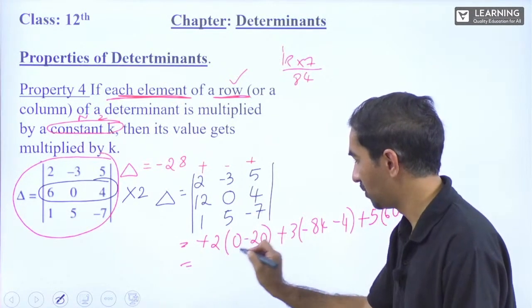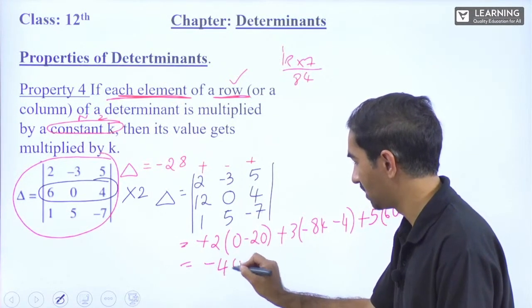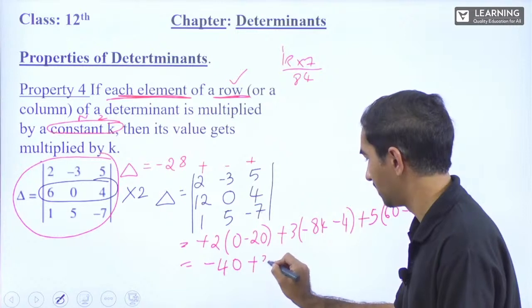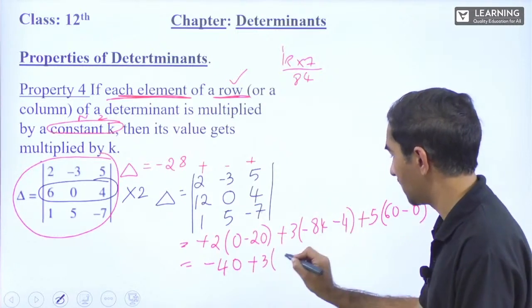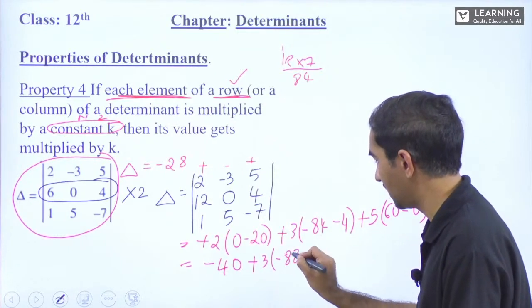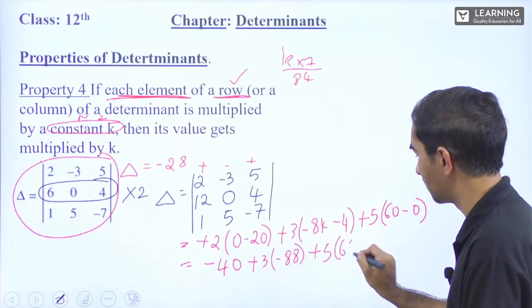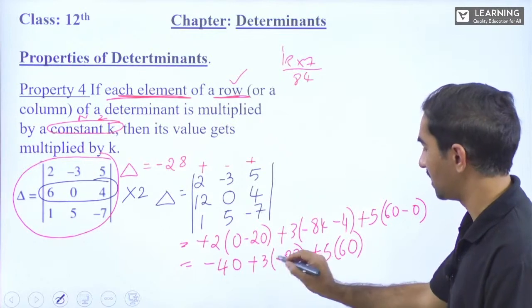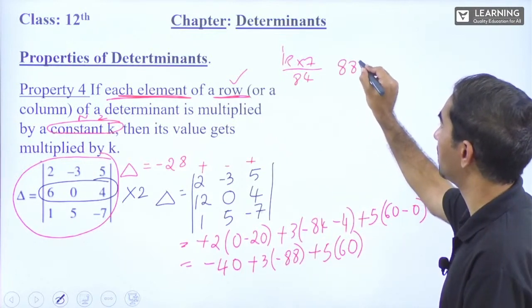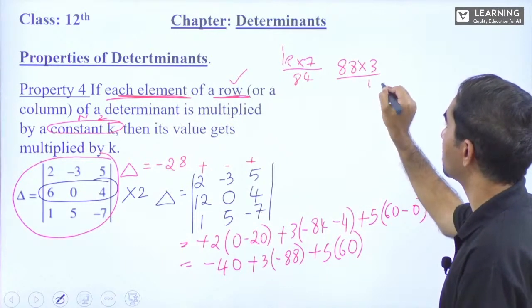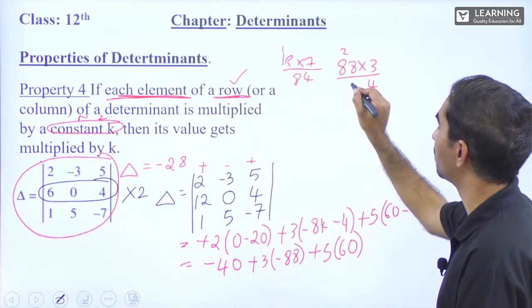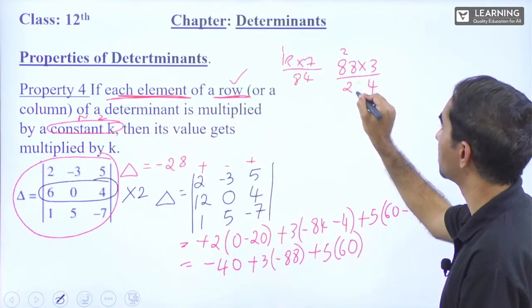We'll be getting plus 2 into minus 20 is minus 40, plus 3, minus 84, minus 4, that will be equal to minus 88, plus 5 into 60. Further simplifying this, 88 into 3, students. 8 3s is 24, 8 3s is 24 again, 24 plus 2 is 26.